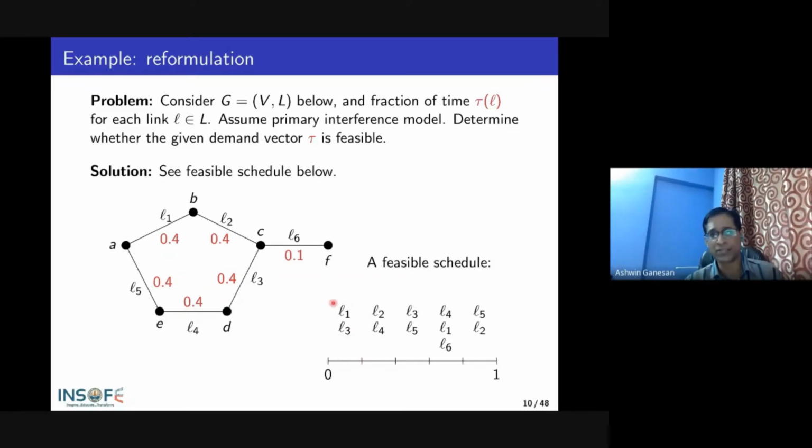So you assign to this independent set L1, L3 the real number 0.2. This independent set is assigned 0.2, this one 0.2, this independent set 0.2, and this independent set 0.2.